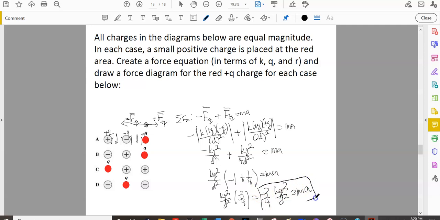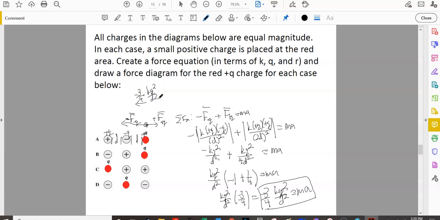So overall this yields a net force to the left of 3/4 kq squared over d squared, where the negative is the direction it's pointed.